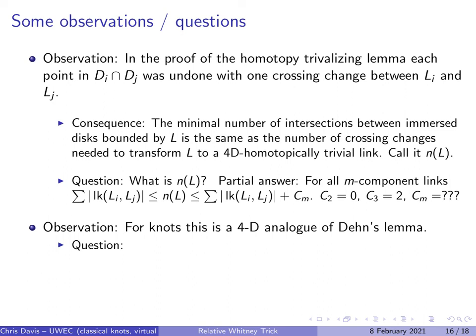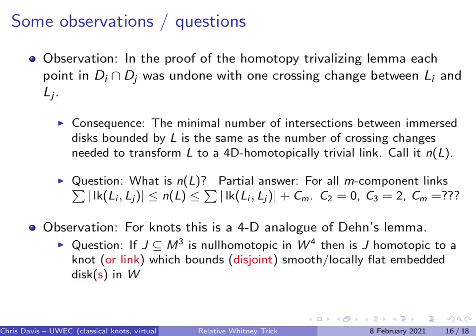So here's a question. How important is it that you use a contractible 4-manifold? If you have any knot in a 3-manifold that's null homotopic in some 4-dimensional filling of that 3-manifold, then does it follow that that knot J is homotopic to a new knot which bounds a smooth or locally flat, pick your favorite category, embedded disk in W? And ask the same thing for links. I don't know the answer to that question, but I think it's an interesting question to ask.